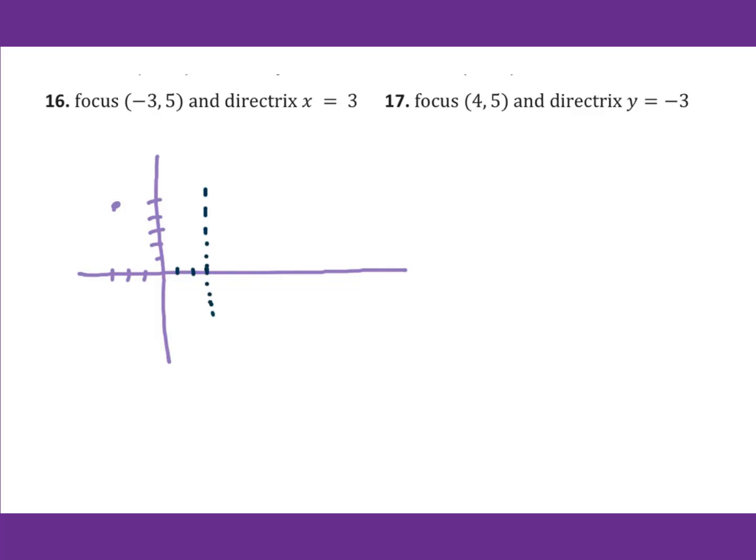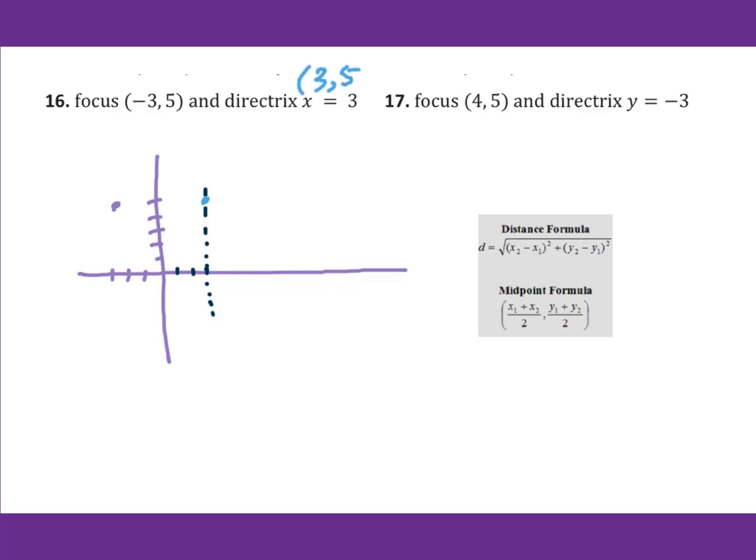We know the vertex will be the midpoint between the focus and the directrix. Therefore, we got this point that will be (3, 5).